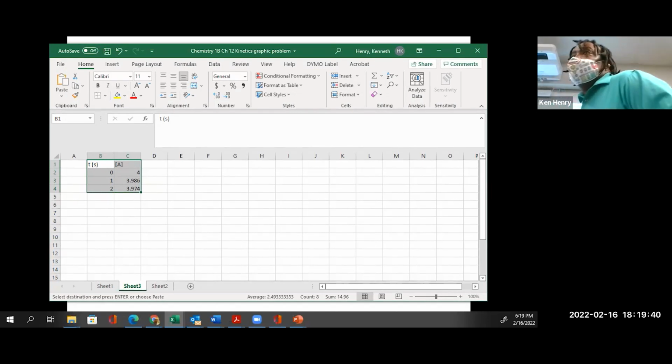Okay, you got all three data points. Sure, I have the right one.